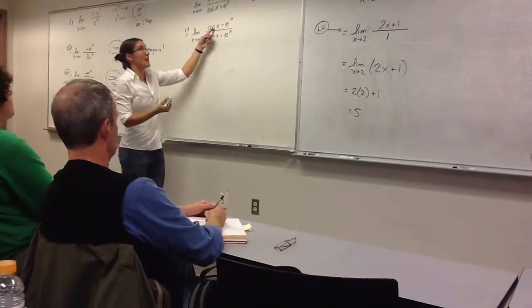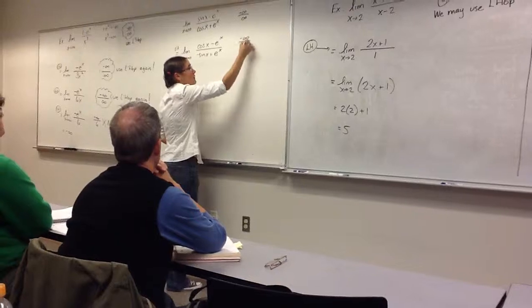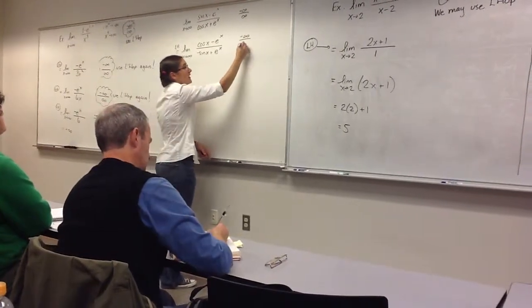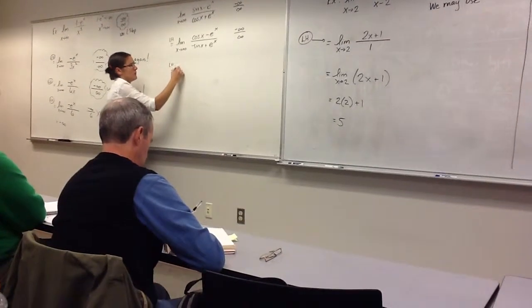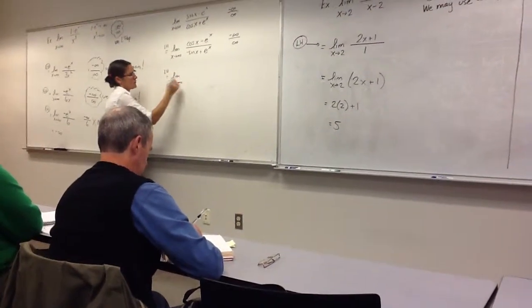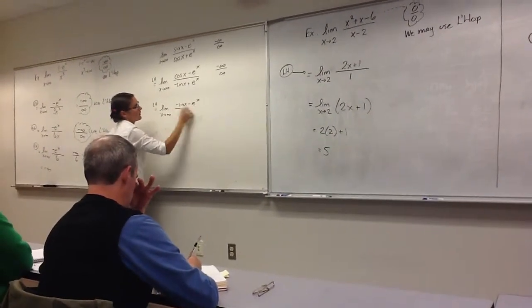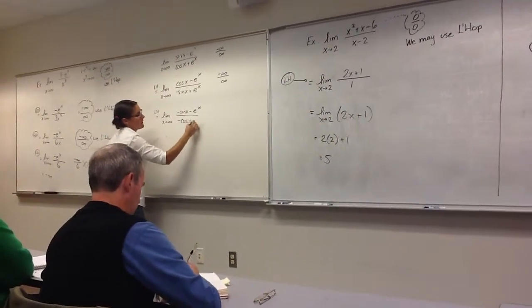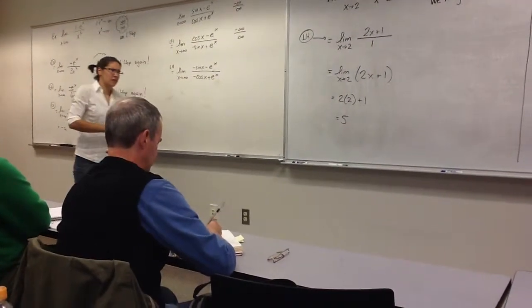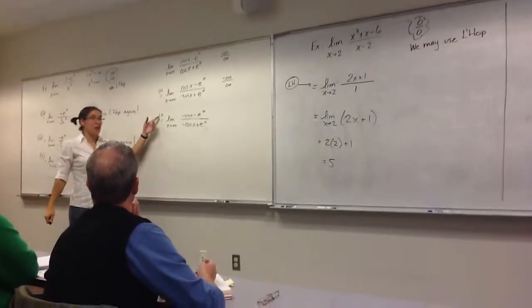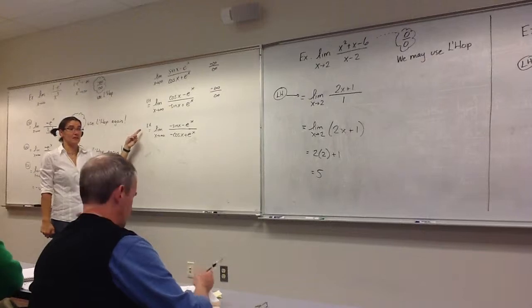Although I still have some number between plus and minus 1, minus a large number, so I still have a form that looks like negative infinity over infinity, so I could use L'Hopital again and see if it helps me. The limit as x approaches infinity of negative sine x minus e to the x over negative cosine of x plus e to the x. So it looks like we can certainly apply L'Hopital. It's just not really helping us so much in this example.